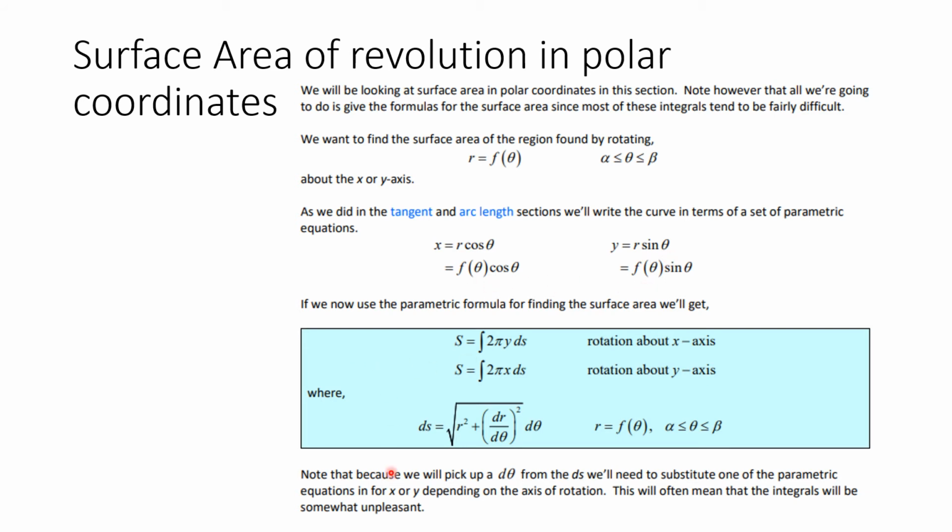The surface area of revolution is either 2 pi y ds if I'm going about the x-axis, or 2 pi x ds about the y-axis, but ds in this case has another representation. It is the square root of r squared plus (dr d theta) squared d theta, where r is f of theta. So we have a different way to do this in polar coordinates.